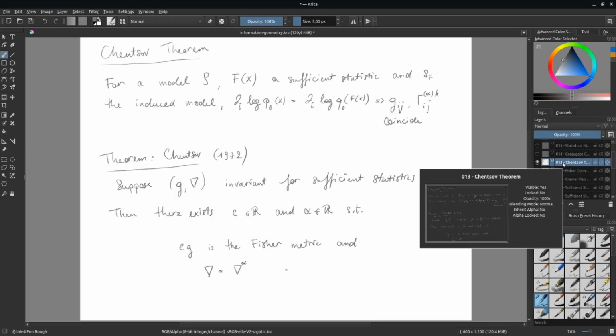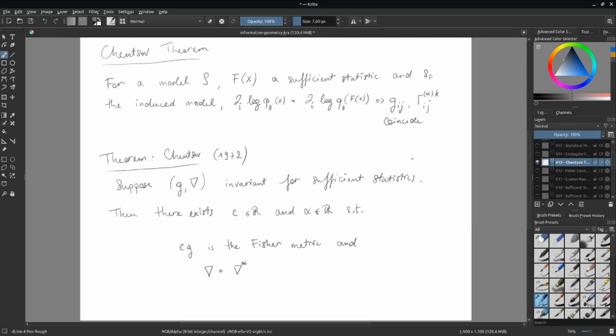There's a theorem called the Chentsov theorem that basically tells us that if you have a model S, so a family of parametric distributions, you have a sufficient statistic f of x, and then the induced model S of f, then the factor r disappears, so the log likelihood of S is equal to the log likelihood of f of x or S_f.